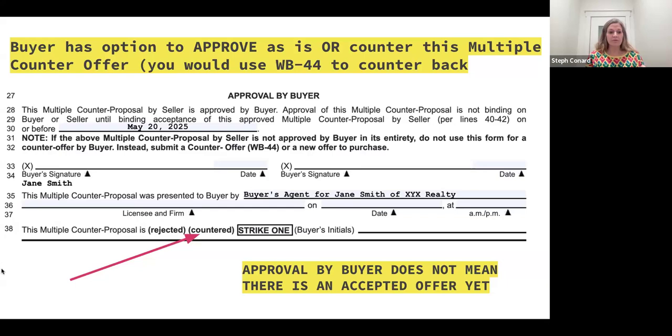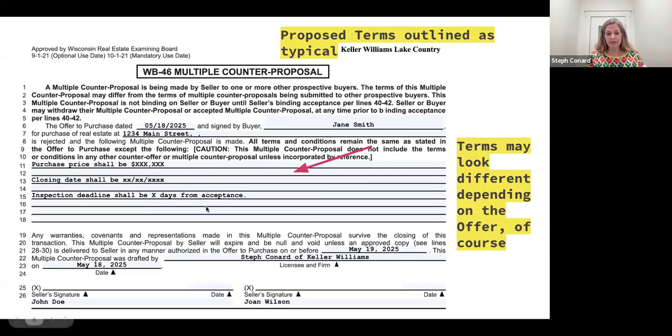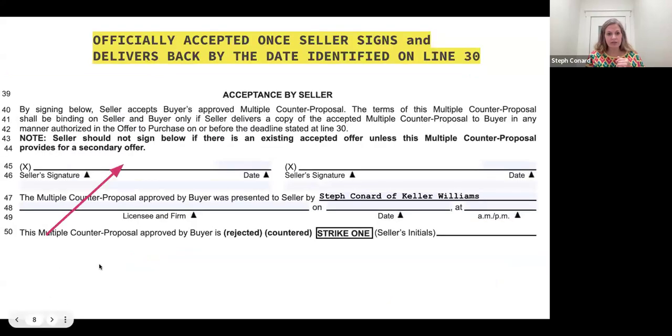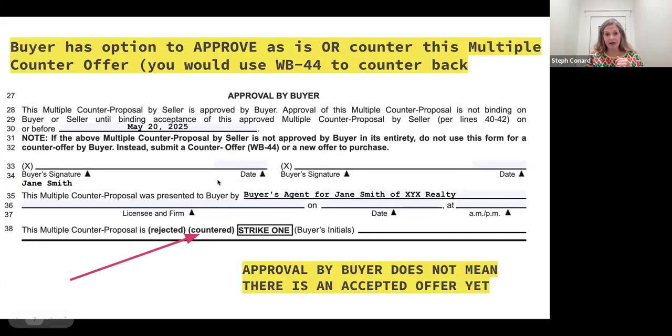Before, the buyer had to approve it and send it back by May 19th, but we don't have an accepted offer yet. It's only accepted if the seller accepts it and delivers it back to the buyer by this May 20th date.